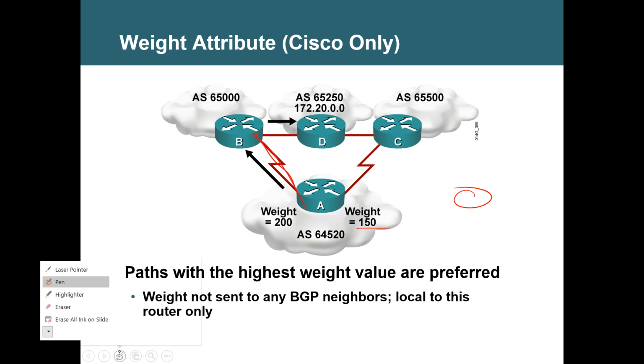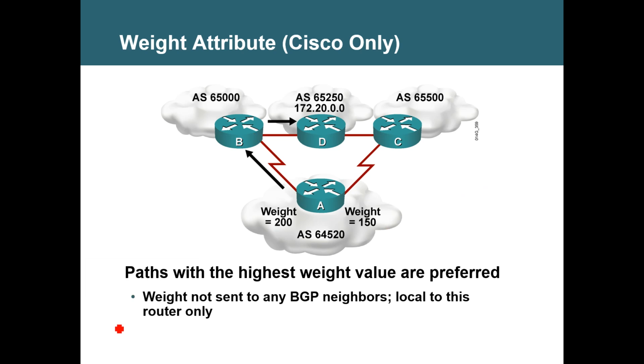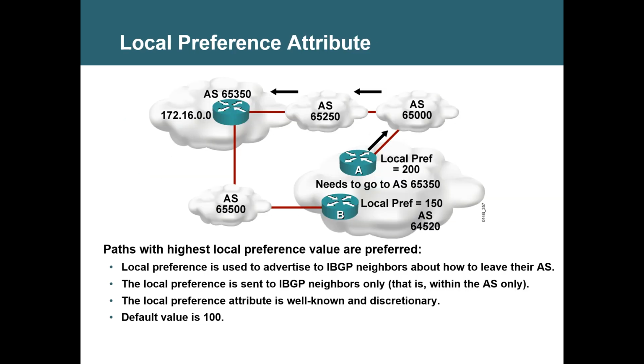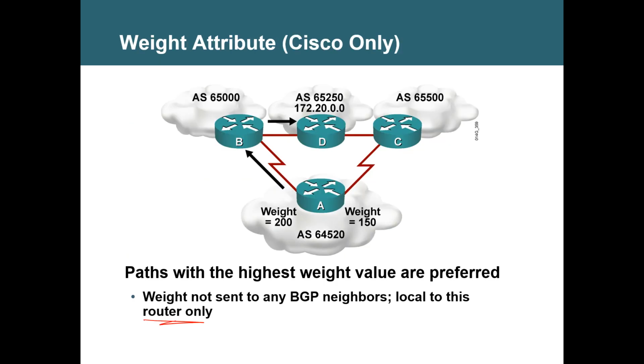Now, higher is preferred. What is the difference between weight and local preference? Weight is local to the router. But I told you, local preference, if you configure 200 on A, all other 299 routers inside will know it and they will also follow the path via A. But weight is not like that.